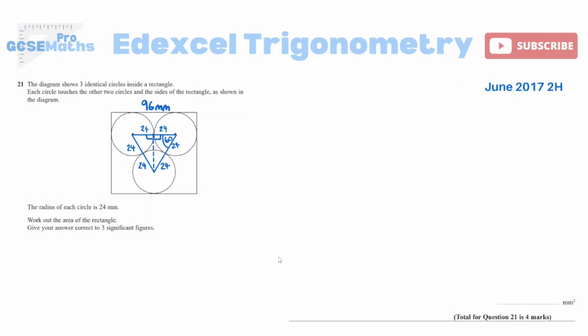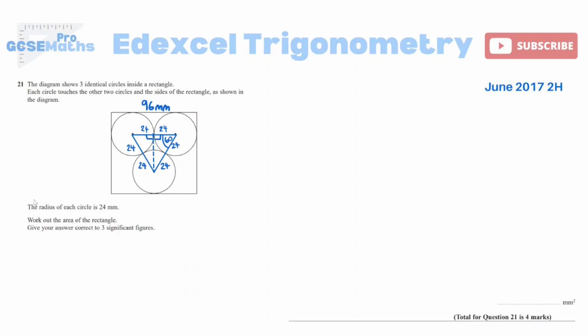You've got 2 options here. Because we know it's 60 degrees, equilateral triangle, you could use Trig, SOHCAHTOA, or you could just use Pythagoras because we know that the base of the triangle is 24 and then the hypotenuse is 2 lots of 24. That's completely up to you, whichever you prefer, whichever you see first, whatever makes more sense to you. Because obviously we're going through trigonometry in this question, I'm just going to use Trig.